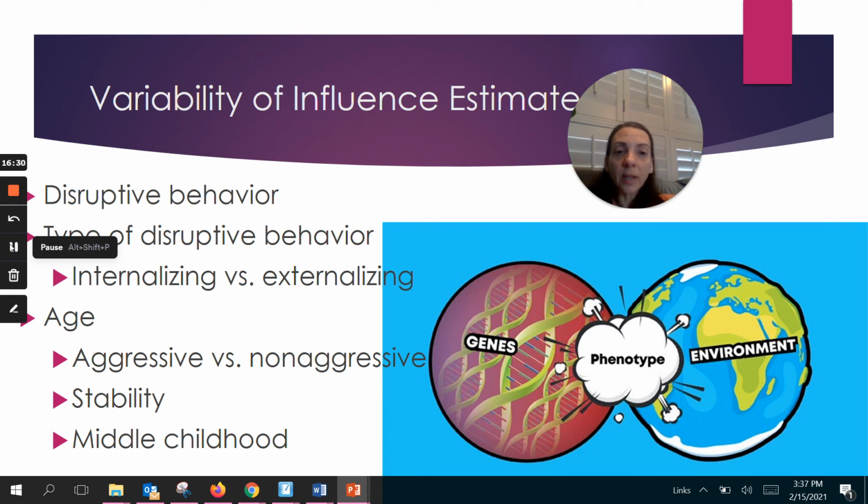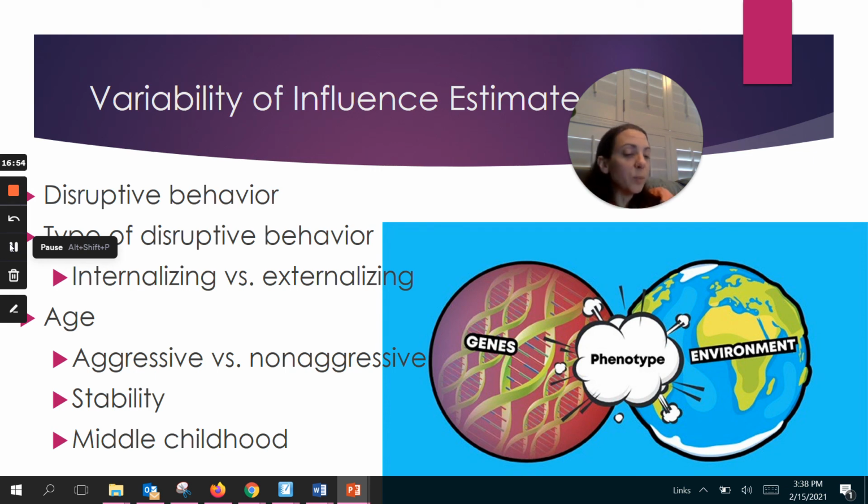Both of these internalizing and externalizing symptoms can be seen in childhood, and the environment plays a large role in which disruptive behavior is manifested. So is it going to be primarily internalizing or primarily externalizing symptoms that a child shows? And the environment plays a large role in determining which one becomes manifested.